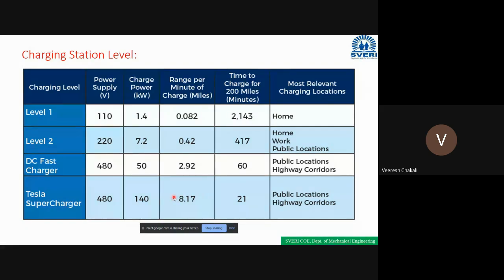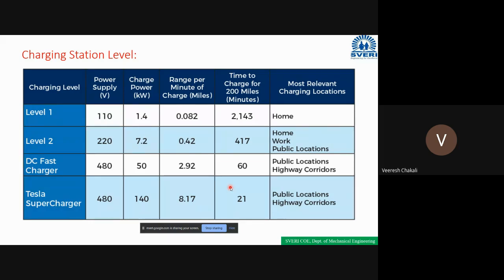If we charge for 20 to 25 minutes, we can travel 200 miles, approximately 300 kilometers. This can also be used at charging stations, that is highway corridors or public locations, etc. Clear?